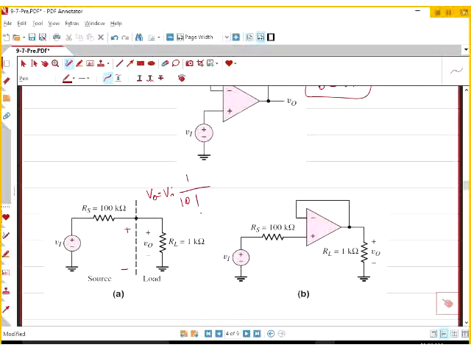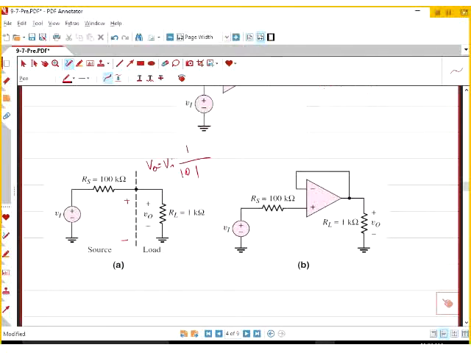Okay, if I'm using a voltage follower, how is that going to change? No problem. What is the voltage at this point? Excellent. Yes, so it's going to be VI, same as this one. Why? There is no current going through the op-amp. You have no voltage drop across that 100K.